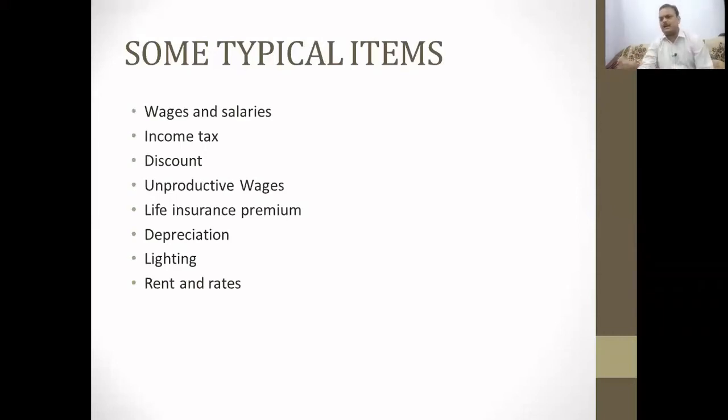If discount appears in the debit side of the trial balance, treat it as discount allowed. If discount appears in the credit side of the trial balance, treat it as discount received, and follow the rule: discount received shows in the credit side of the profit and loss account, and discount given shows in the debit side of the profit and loss account.